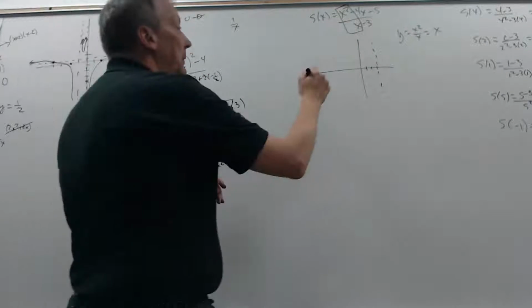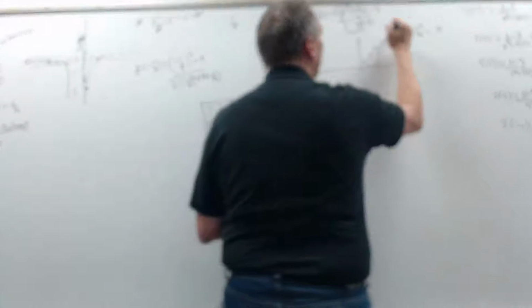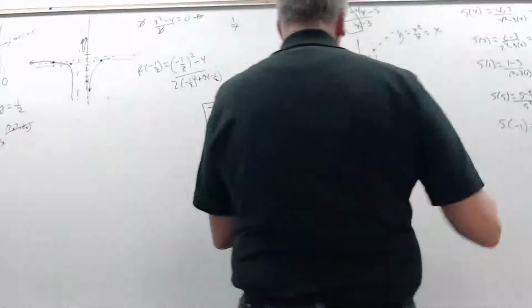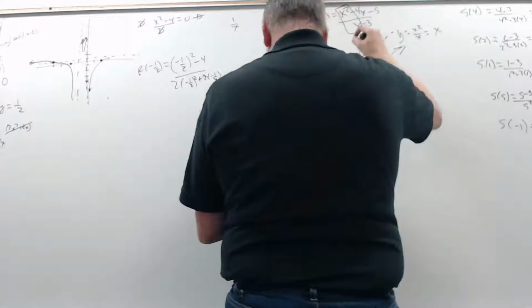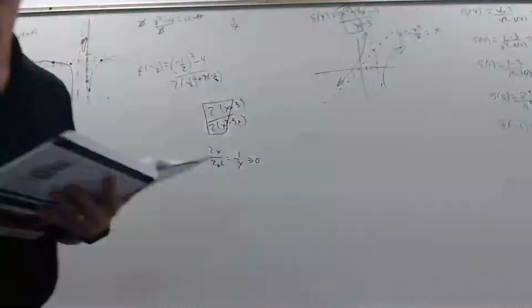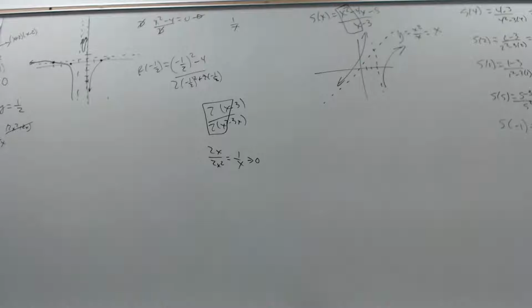So therefore, this is what we call an oblique asymptote. Okay? So in this case, I'm going to cheat because we're out of time. And this one's going to look like this and this. Okay? So that's something you could see.